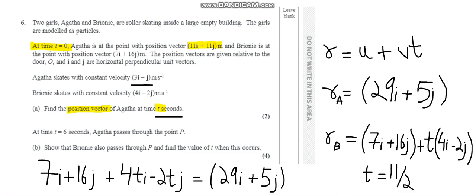Similarly, our t is in fraction form, and we can find the decimal form or the whole number form. So 11 upon 2 is equal to 5.5, and we can see that this 5.5 is approximately 6 seconds. So we can say that Brioni also passes through P, as Agatha passes through P, at time t equal to 6 seconds.